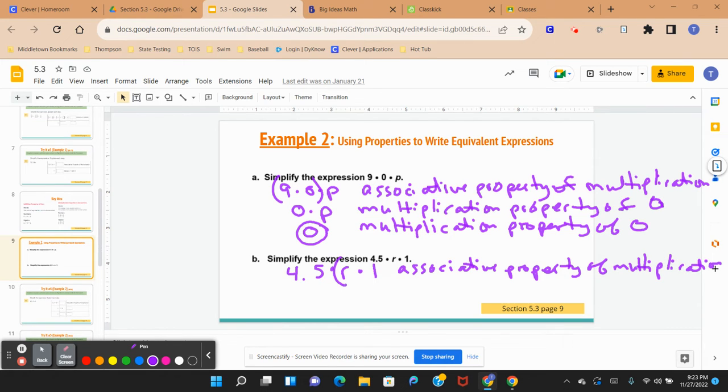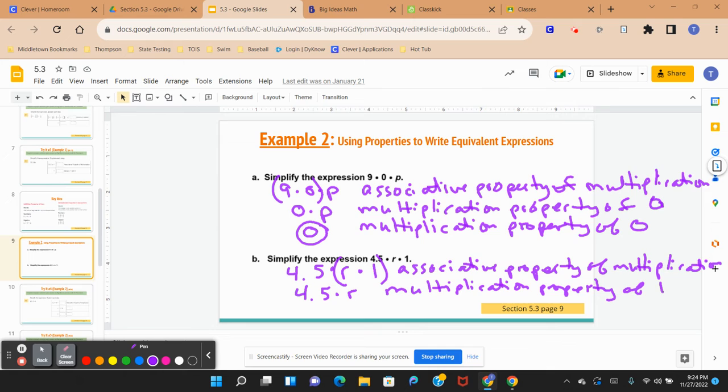We're going to put parentheses right around r times 1 because we know that any number times 1 is going to be that number. So it's going to be 4.5 times r, which is the multiplication property, because it is multiplying, but it's not of 0, it's of 1 because you're doing r times 1, which is r.